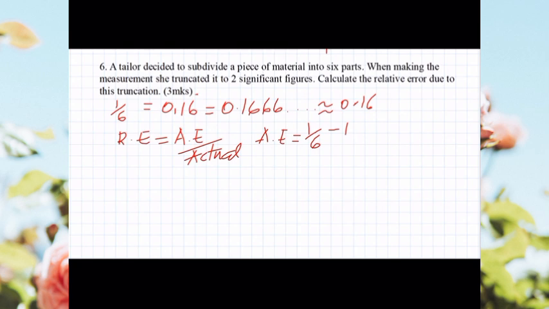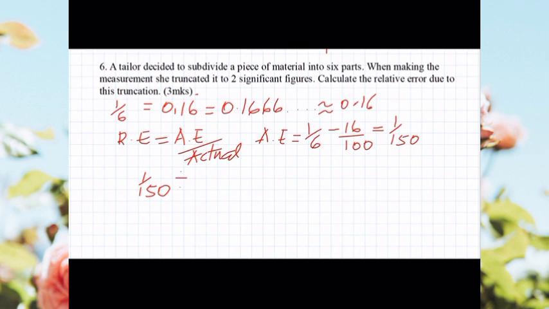In fraction form, 0.16 is going to be equivalent to 16 out of 100. And so now when we work out this, we are going to find out that this is equivalent to 1 out of 150. So this is going to be our absolute error. So to obtain the relative, we take 1 out of 150, our absolute.